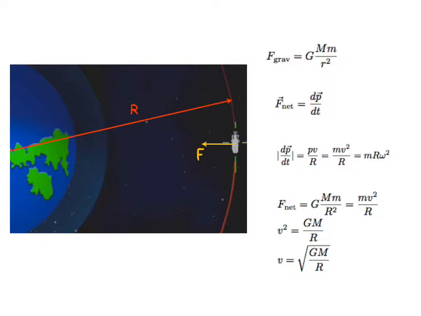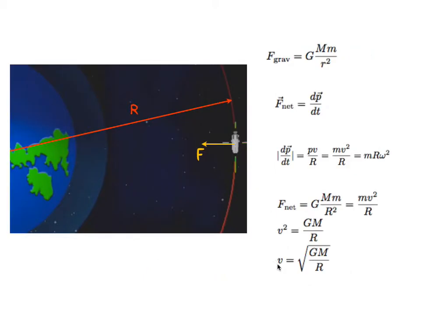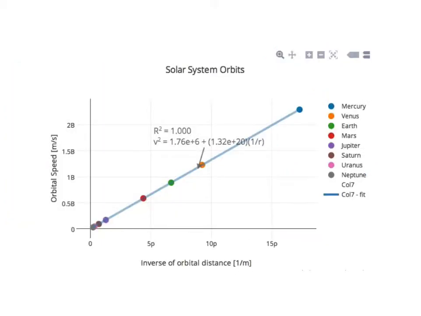Well, this same idea applies to planets too. So if I use the same thing up here, v squared equals GM over r, now planets are orbiting the sun. So r is an orbital distance to the sun, and M is the mass of the sun, then v would be the velocity of the planets. So here are the planets, all 8 of them, because there's only 8 and 8 only.